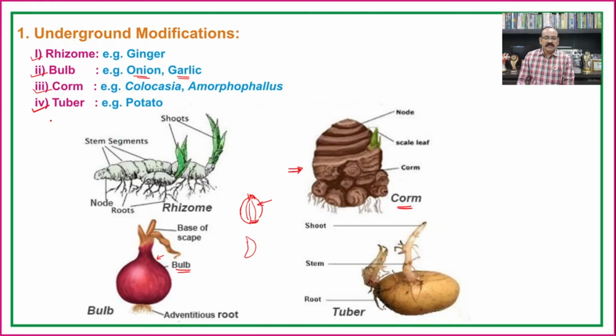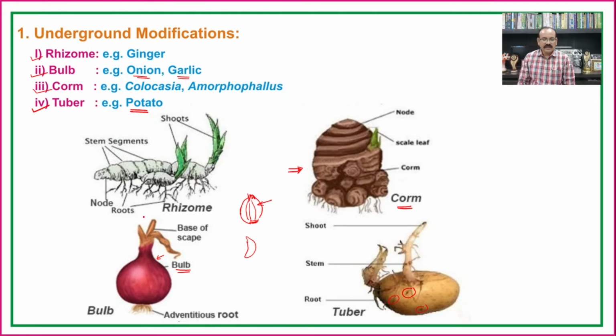The next one is tuber, and the best example of the stem tuber is potato. Stem tuber is a swollen tip of an underground lateral stem, and it is covered by a hoary skin with a number of small depressions called the eyes. If you see the structure of the potato, here there is the presence of such type of eyes on its surface.